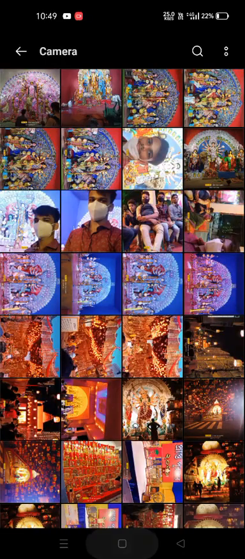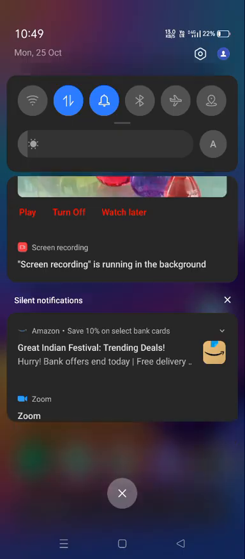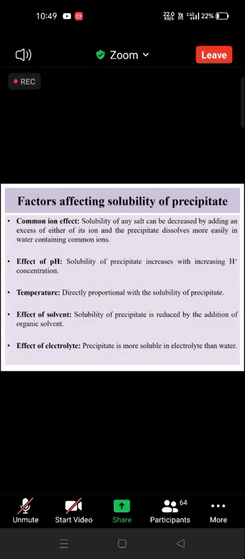That is, the more solvent you add, the less will be the solubility of the precipitate. And for the effect of electrolyte, the more electrolyte you add, the more will be the solubility. So common ion effect, pH, temperature and electrolyte are directly proportional. Only the effect of solvent is inversely proportional.